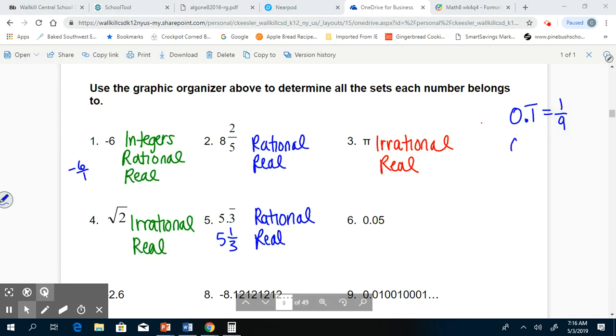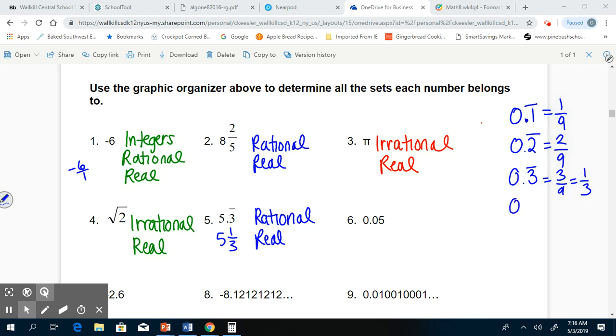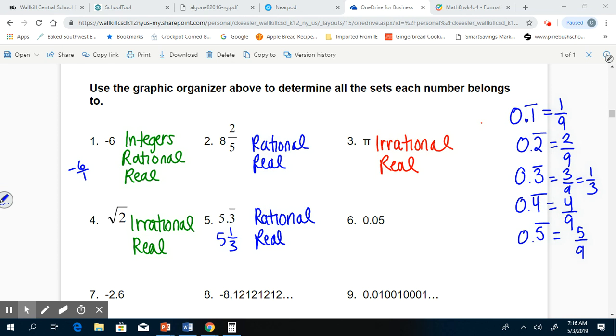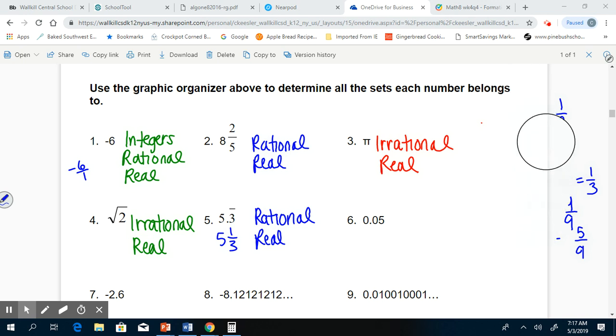So 0.2 repeating is going to be 2/9. 0.3 repeating is 3/9, which simplifies to 1/3. 0.4 repeating is 4/9. 0.5 repeating is 5/9. So that's just a real quick way that you can change a repeating decimal into a fraction and prove that it's rational.